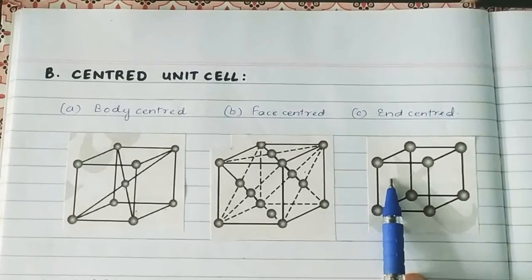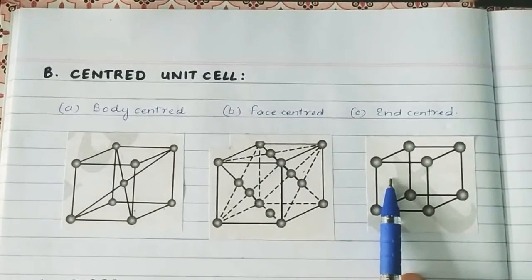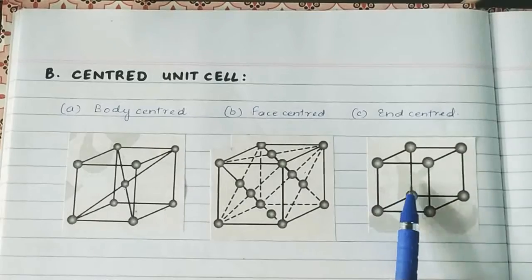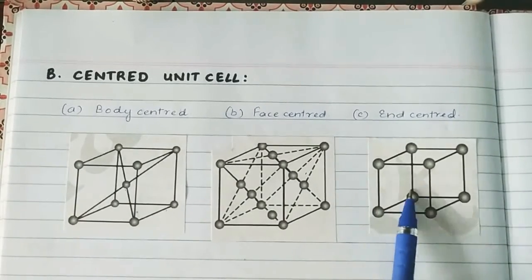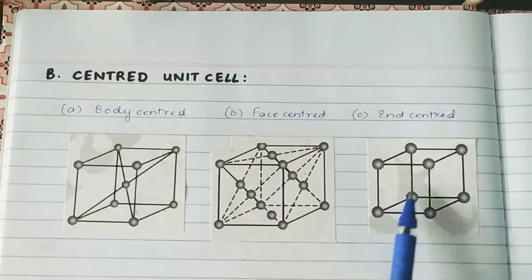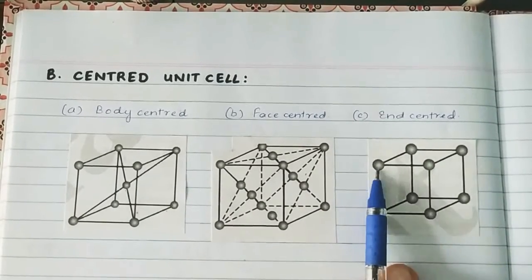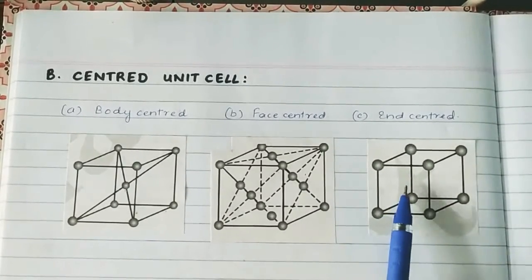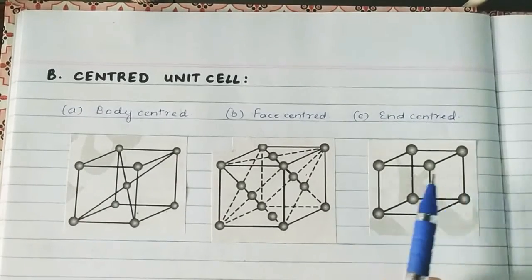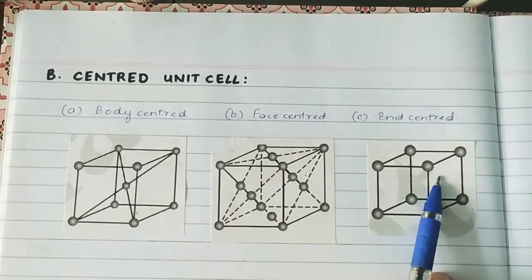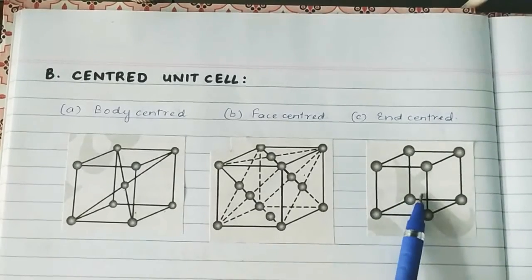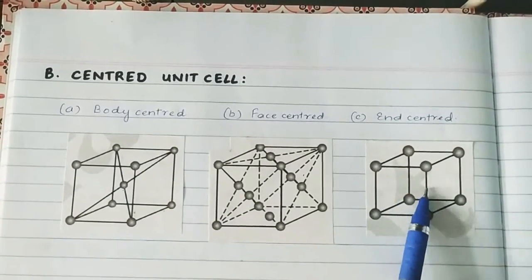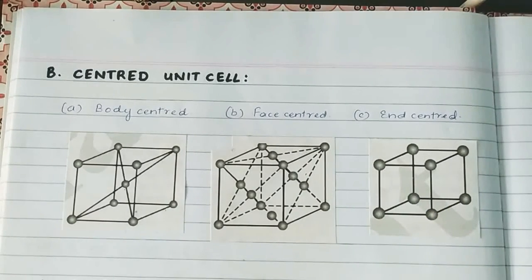So one particle at the center of any two opposite faces. In addition to the particles at the corner, there is one particle each at the center of any two opposite faces. This is the concept of the end centered unit cell. So these are the three types of centered unit cell.